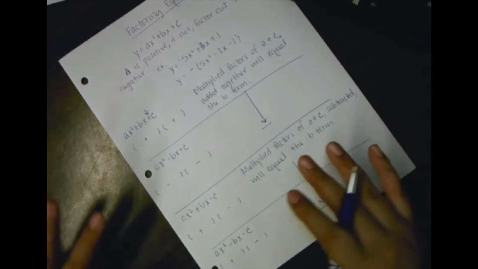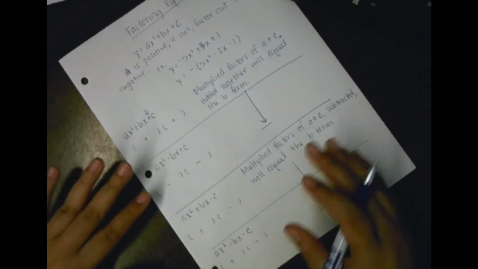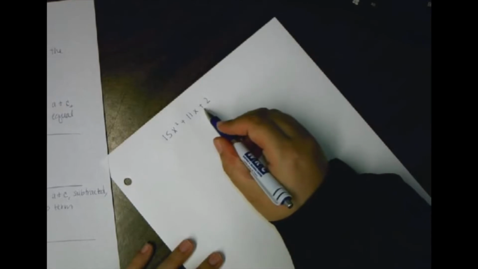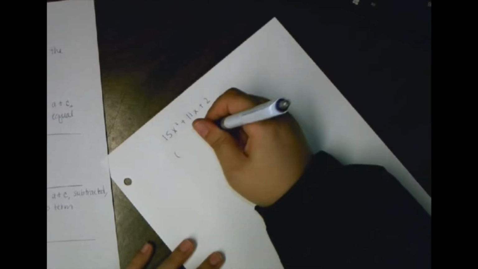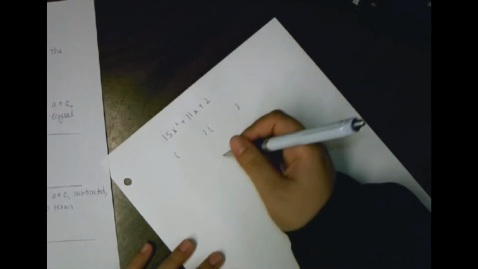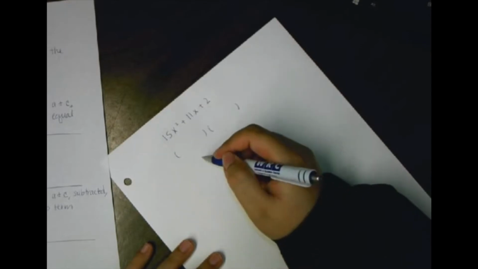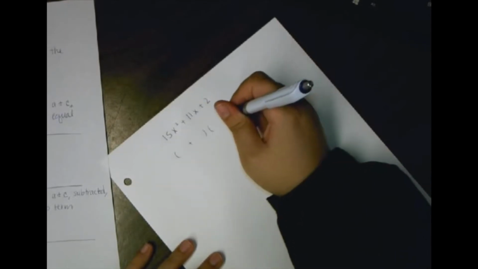Okay, so let's see these rules in action. If I have an equation such as 15x squared plus 11x plus 2, then I'm looking at this term, so it's positive, so I know that both of my signs will be the same, and then I see this term, and that's also positive, so they're both positive.